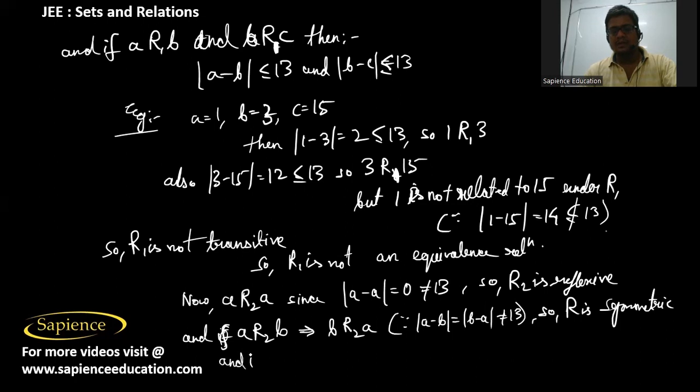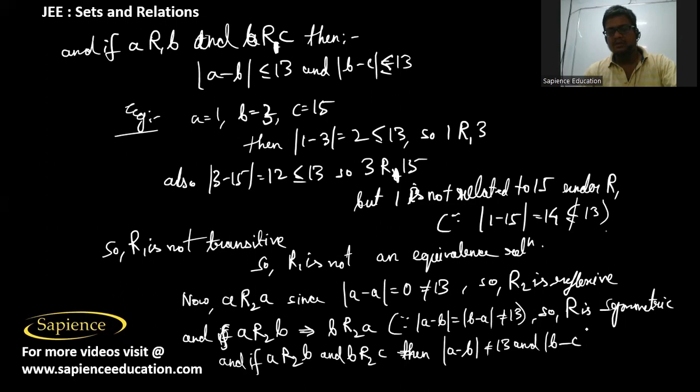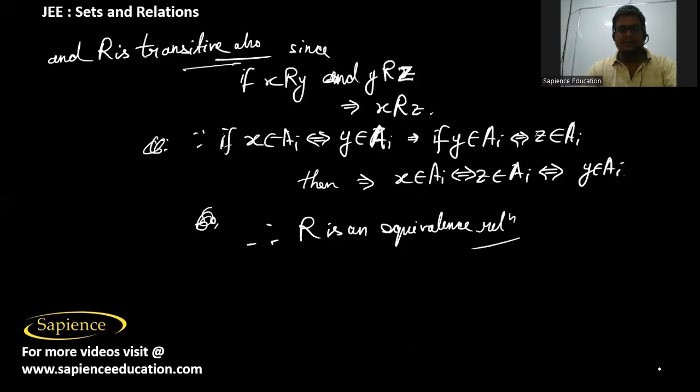And if A is related to B under R2 and B is related to C under R2, then mod of A minus B is not equal to 13 and mod of B minus C is also not equal to 13, but we cannot say that mod of A minus C is not equal to 13. It is not always true.